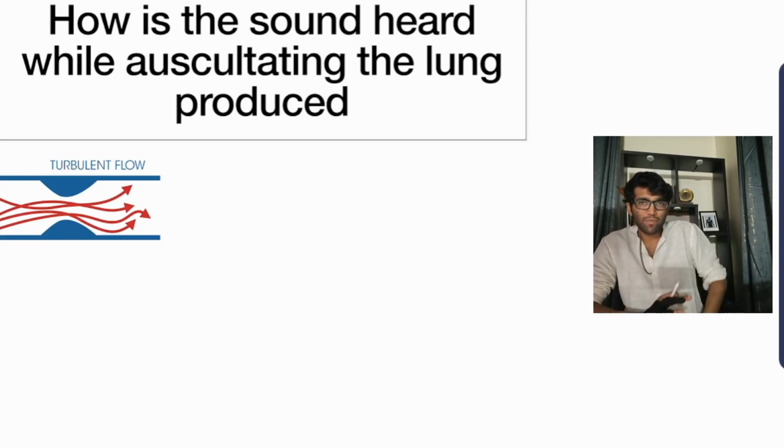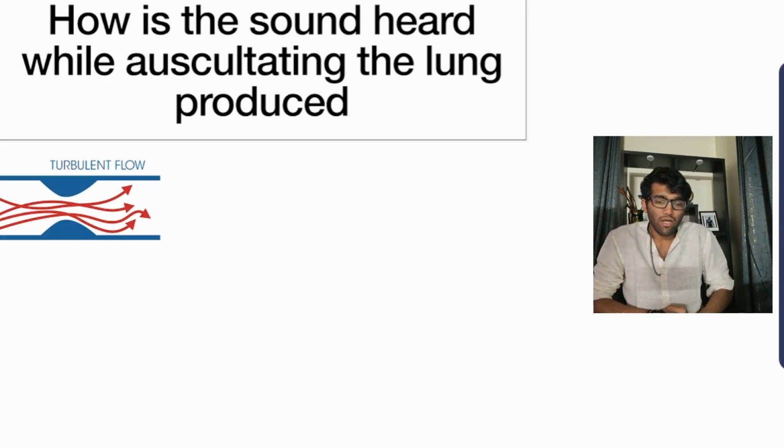So usually this produces a non-musical sound. However, in some situations, we will discuss this even in cardiac auscultation of mitral valve prolapse, in most situations this produces non-musical sound. Sometimes it can produce a musical sound.